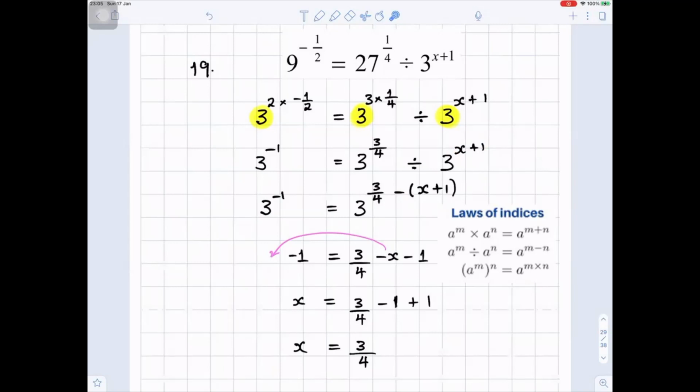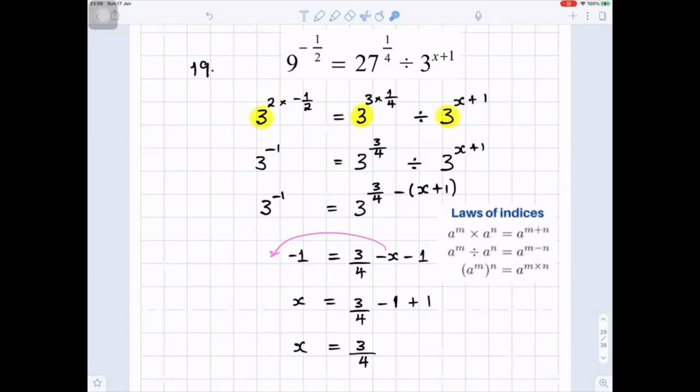So if we remove the bracket, we are using this rule, number 2 there, this law of indices: when you divide, you subtract the powers. So we've got minus x minus 1. So it's 3 over 4 minus x minus 1.